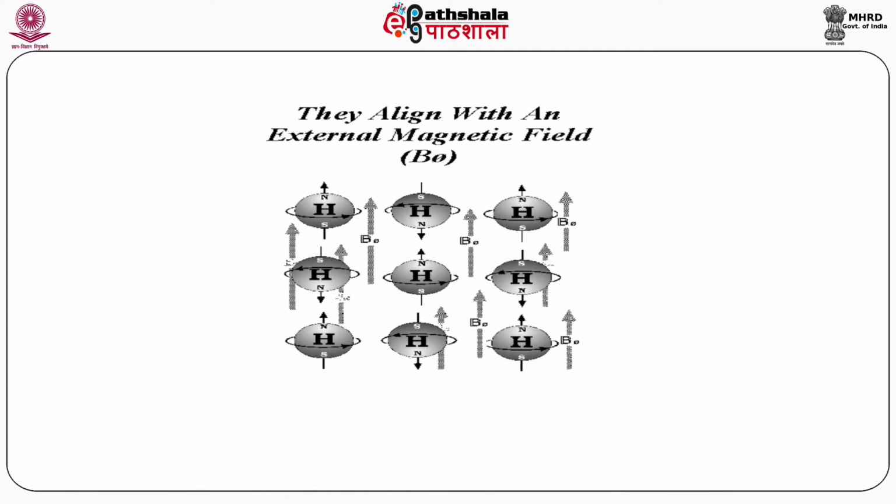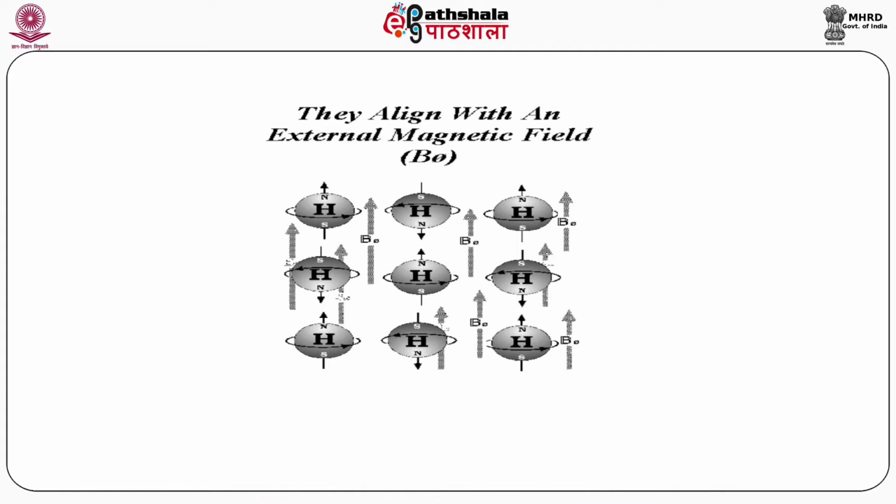According to the law of quantum mechanics, when hydrogen nuclei are placed in a strong magnetic field, which we call B0, the magnetic moments of hydrogen nuclei align with this magnetic field, parallel or anti-parallel. You can see in this figure some nuclei along the direction of the main magnetic field, some aligned anti-parallel to it. Those aligned parallel are said to be in the lower energy state.